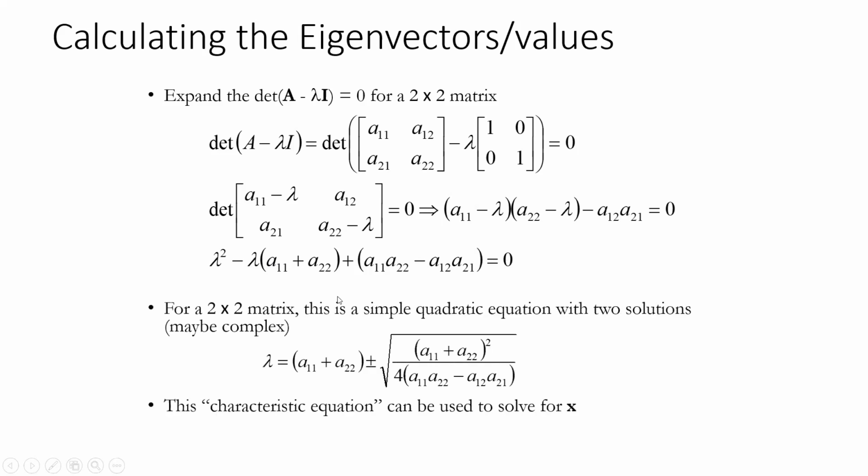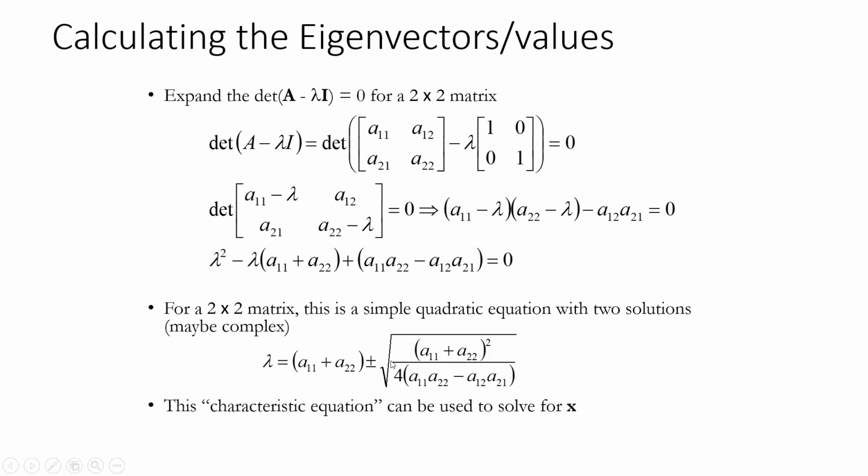So we can get the roots for this, nothing but lambda is equal to minus b plus or minus square root of b square minus 4ac. So here a is 1 and c is a11 a22 minus a12 a21.